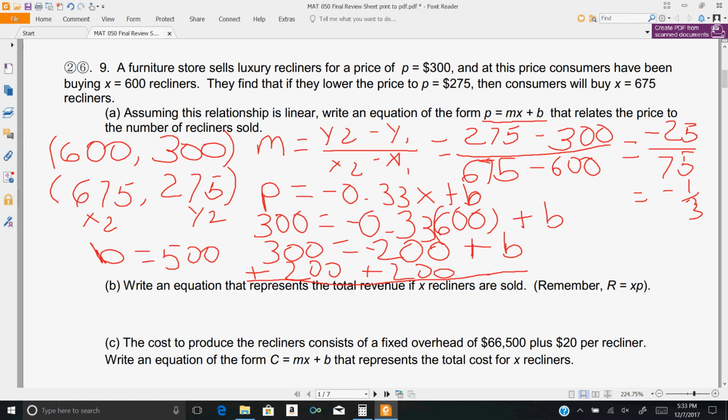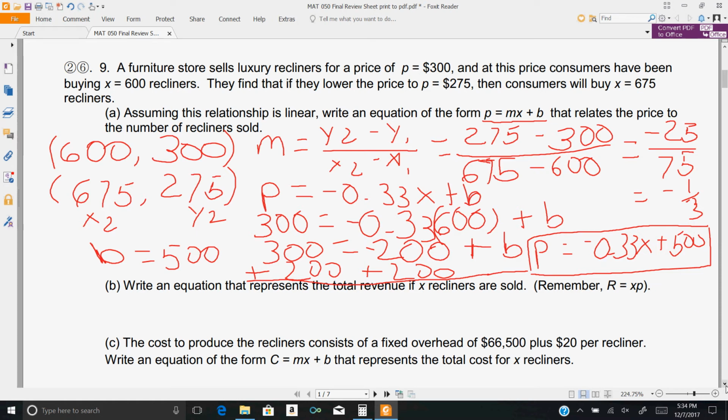So when I write my equation, P equals negative 0.33x plus 500. Okay.